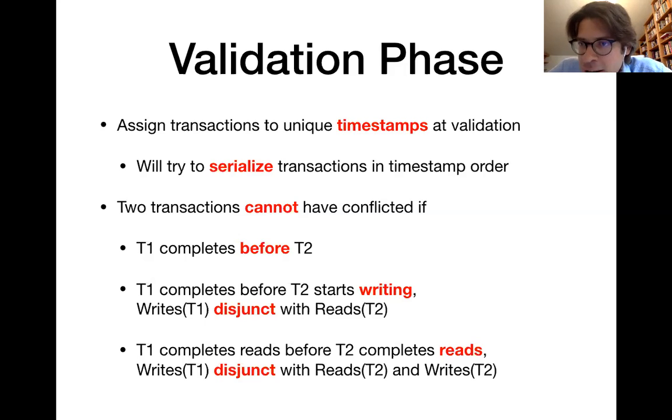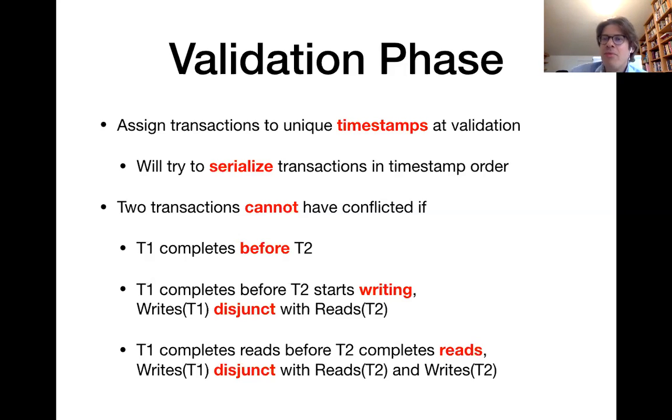In that case, clearly, there cannot have been any conflict. Also, we might refine that and say we also can be sure that there is no bad conflict if the first transaction completes before the second transaction starts writing.